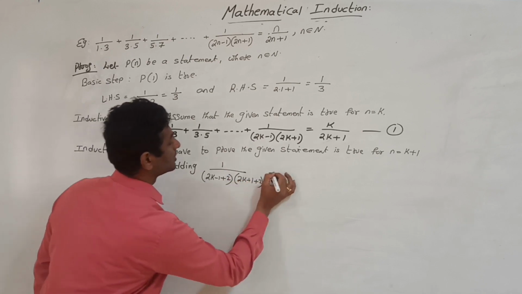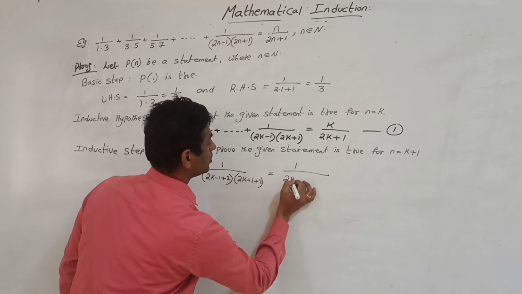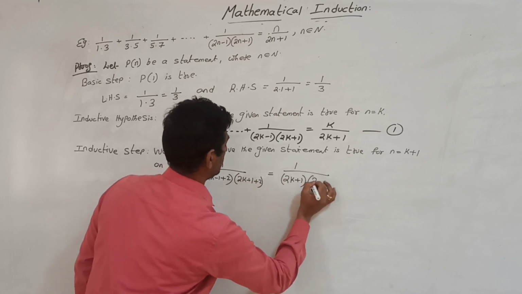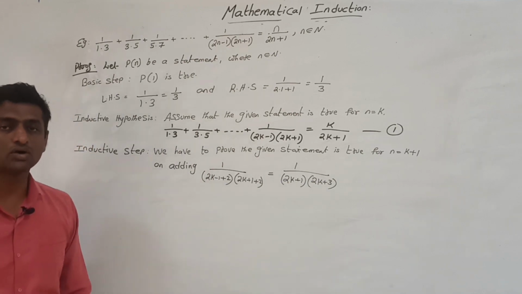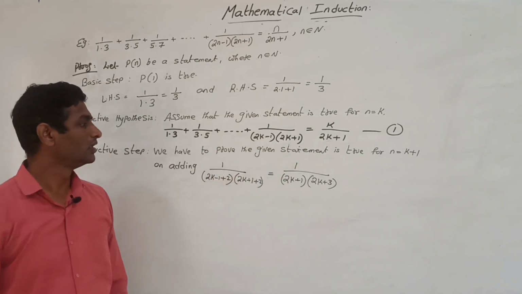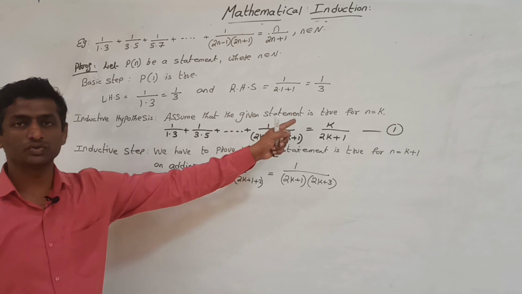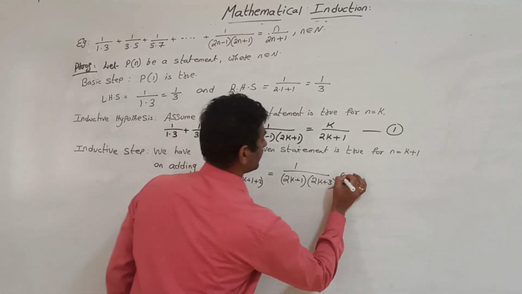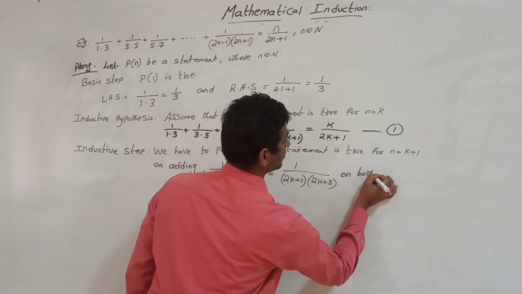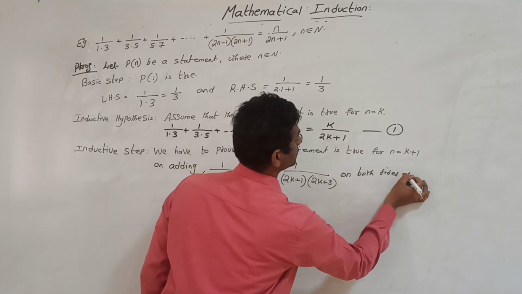That is 1 by (2k plus 1) into (2k plus 3), which is the number that exists as the (k plus 1)th term. So this is the number we have to add to the inductive hypothesis on both sides of equation 1.